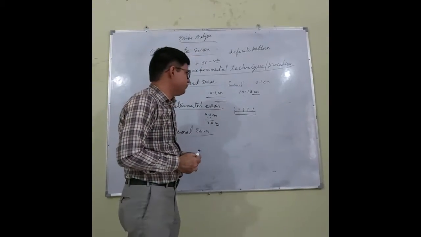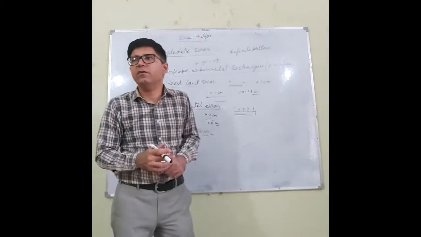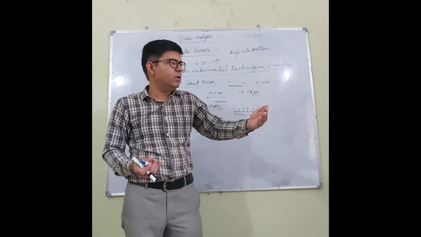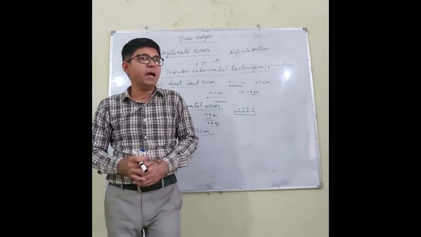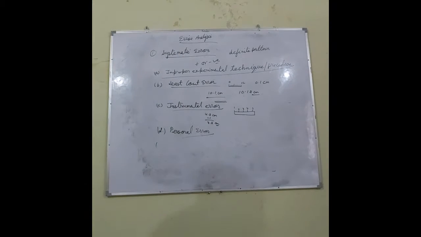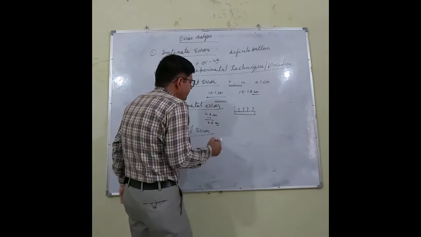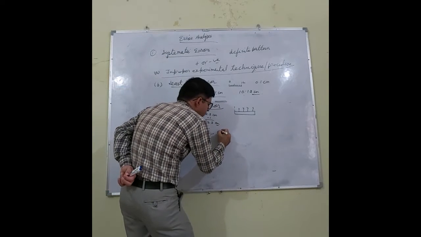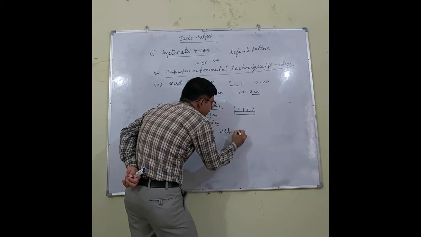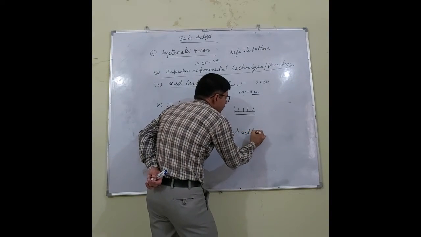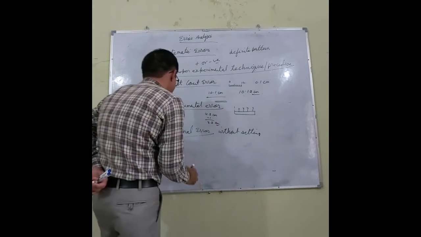For example, if a person cannot see things clearly, he cannot get the correct values in experiments related to optics. So, we have to remove personal errors. Sometimes a person starts doing the experiment without setting the apparatus. In that case, you cannot get the exact values.